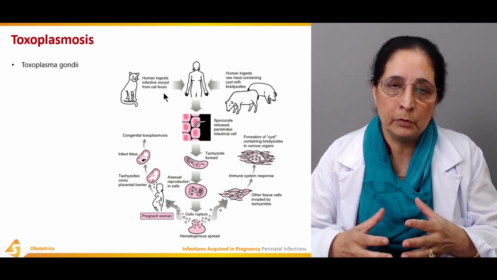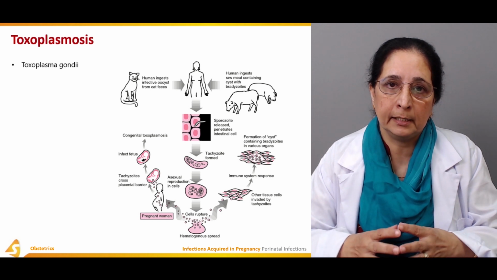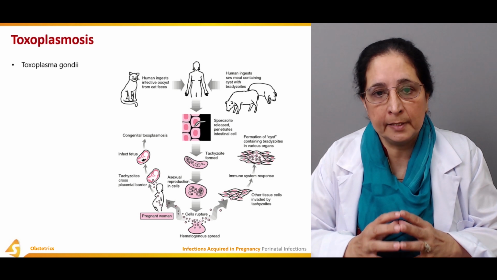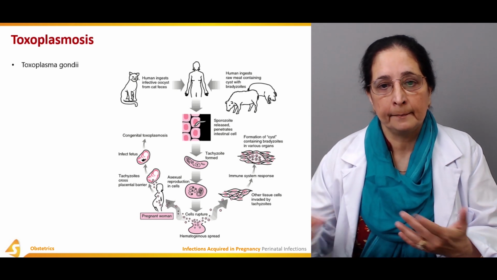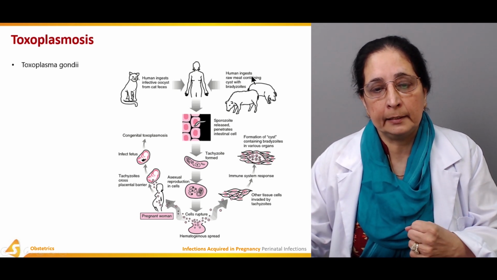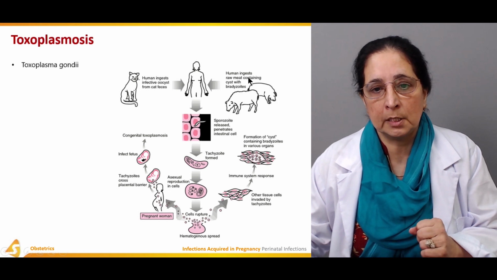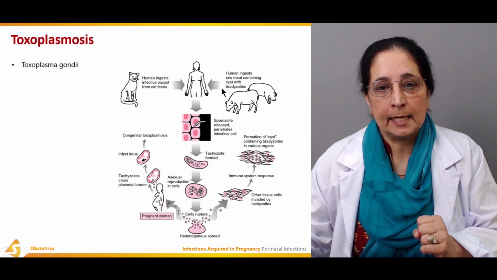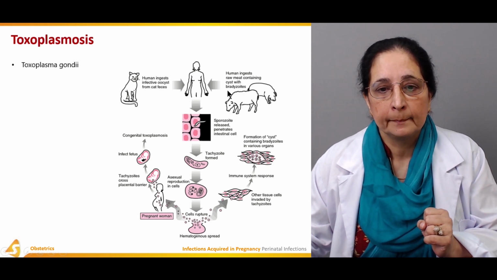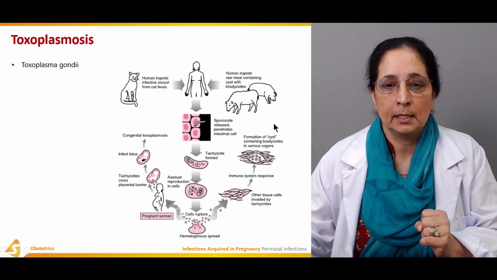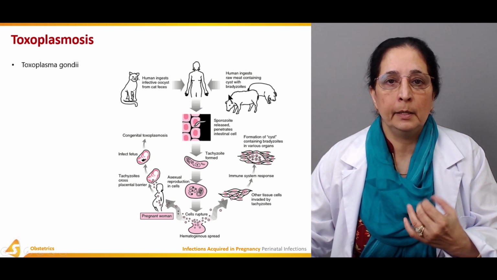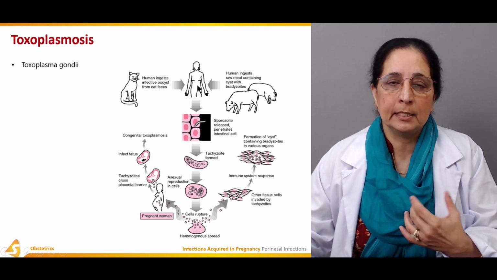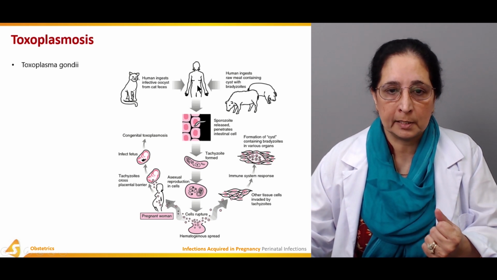So any food or hands infected with the oocysts present in cat feces can be ingested. The other factor that can cause toxoplasmosis is if the human ingests raw meat containing cysts with bradyzoites.